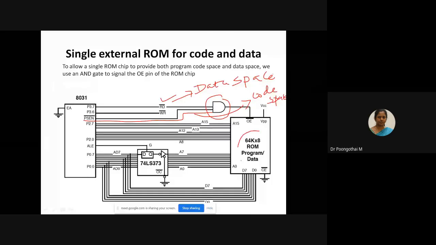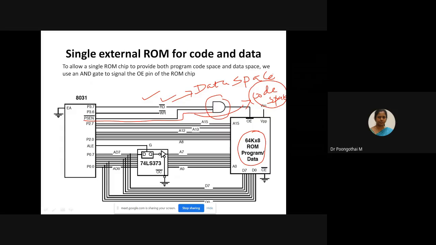In order to differentiate your program space and data space, we have to incorporate this AND logic to separate your data space and program space. Read is used to access your data space and program store enable is used to access your code space. The remaining connections are very similar to your previous interfacing diagram.